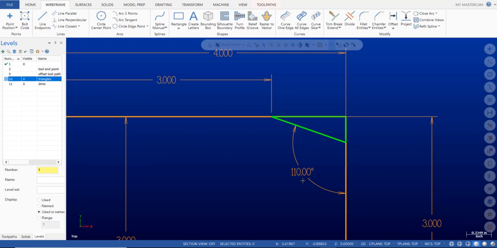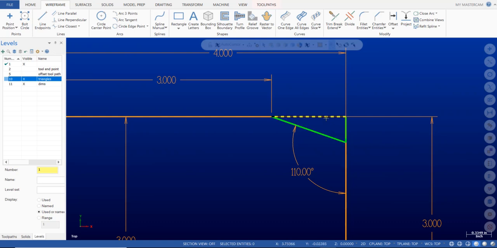Now this is 110, so 110 minus 90 leaves 20. So this leg, which would be the hypotenuse of this triangle, is at a 20-degree angle of this adjacent leg. If you've watched my video last week, then you'll know why this is called the adjacent. This would be the opposite, and this is the hypotenuse.